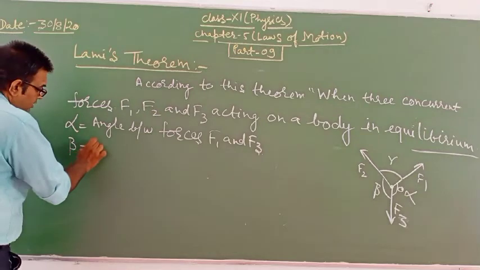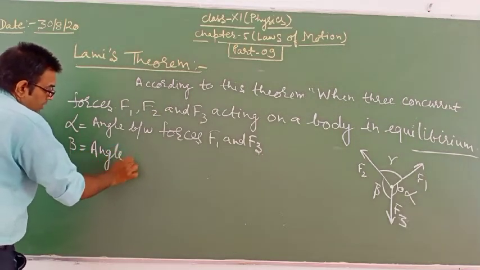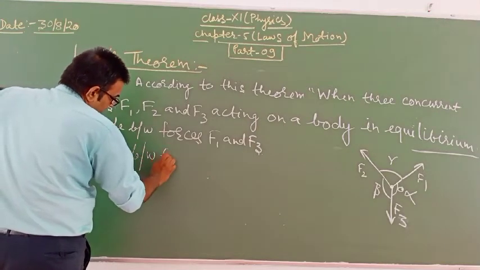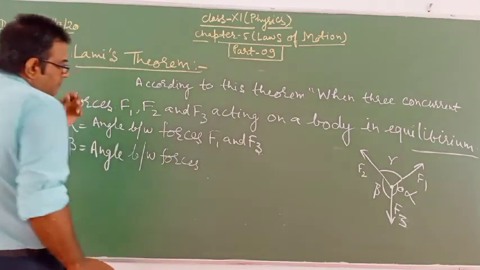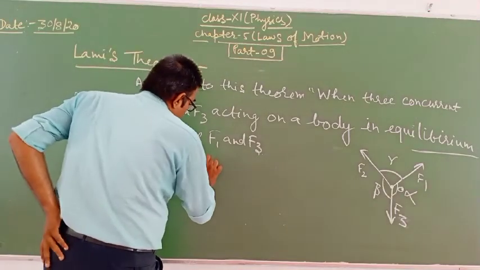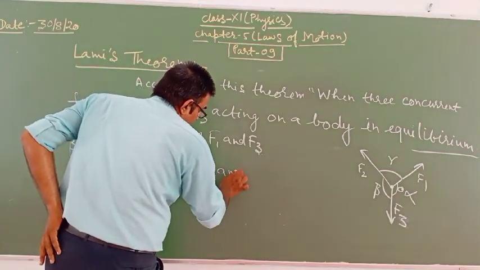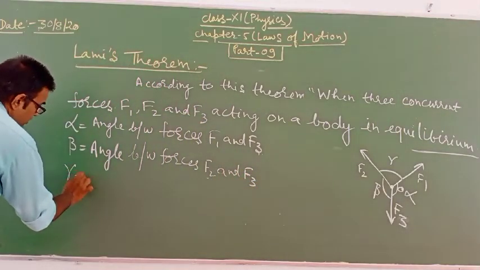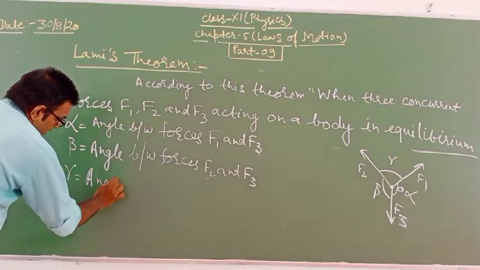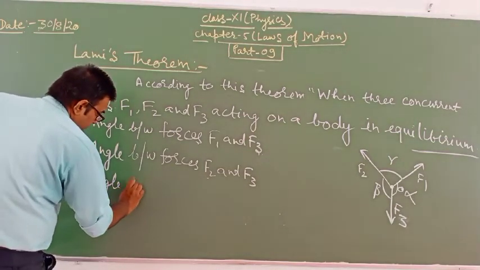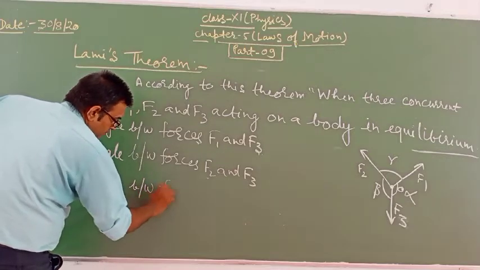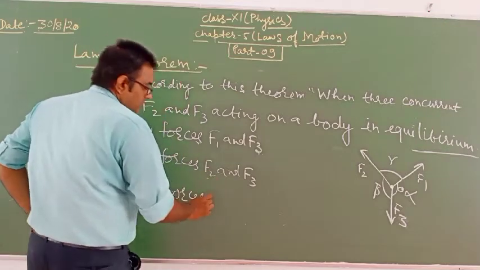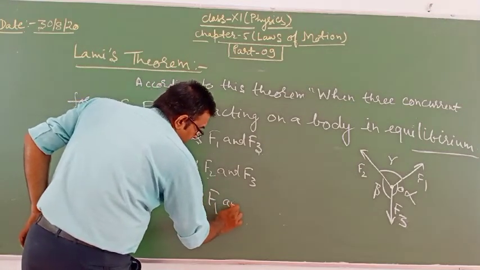Beta is the angle between forces F2 and F3, and gamma is the angle between forces F1 and F2.